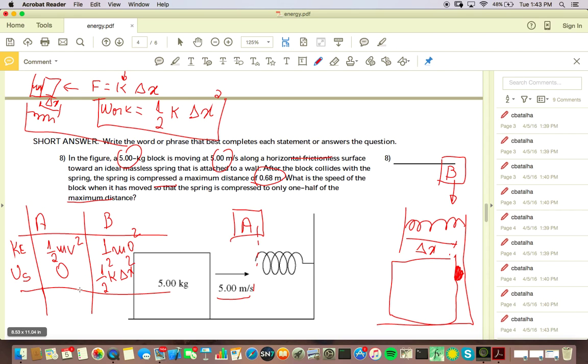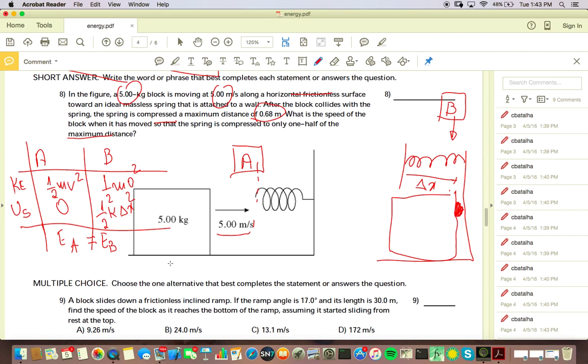So the energy in configuration A must equal the energy in configuration B: half m v A squared is equal to half k del x squared. Look at this: the speed is given and the mass is given, so we have the kinetic energy, and the maximum compression is given, which means we can solve for k.